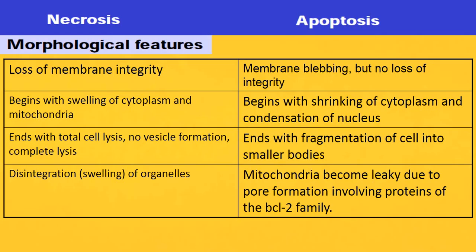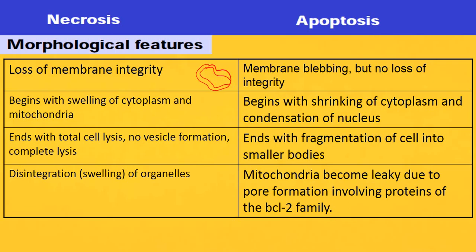We move further. First, we will study apoptosis and necrosis based on morphological features, the same features that we studied just now in the diagram. The very first point: in necrosis, the cell loses membrane integrity. A healthy cell has an intact cell membrane, but in necrosis this integrity is completely lost.